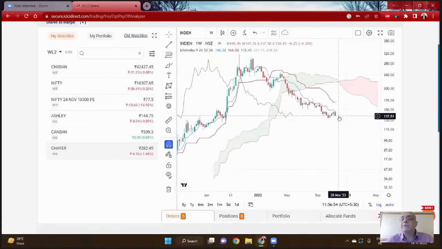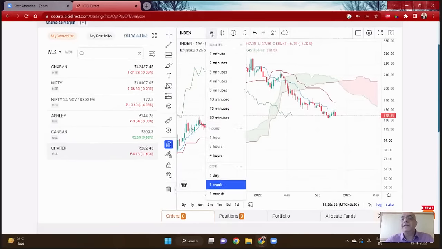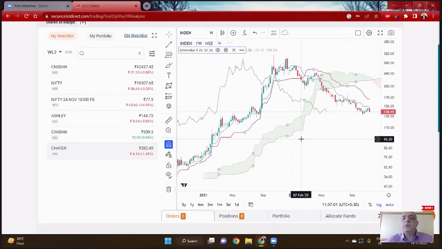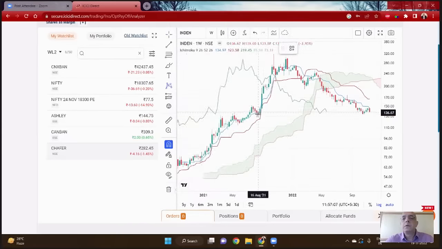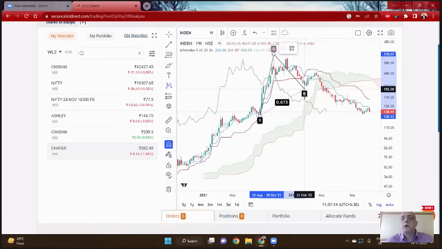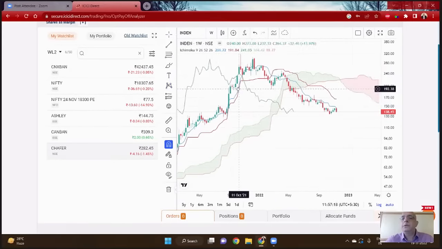So, but weak. There is no reversal coming out here. No sign of reversal. I can't see any bullish harmonic pattern also. Just let me see if there is a bullish harmonic pattern. I can't see any bullish.